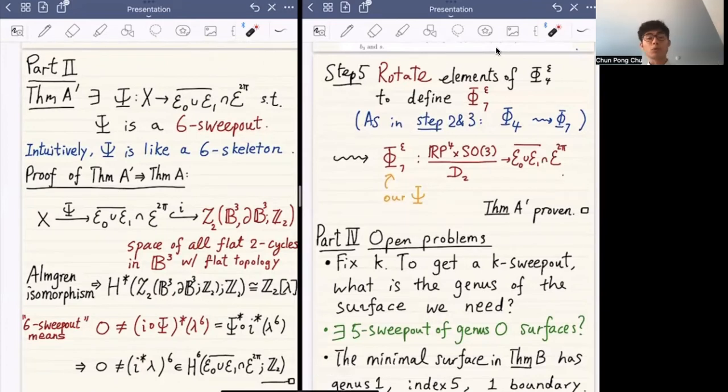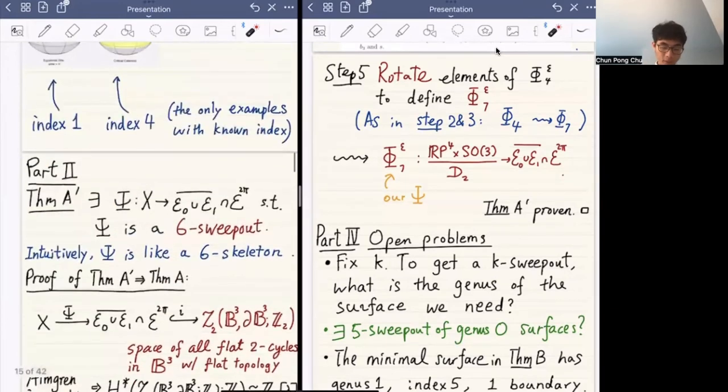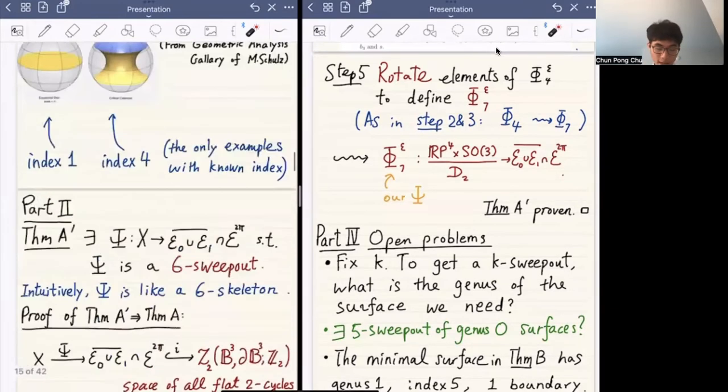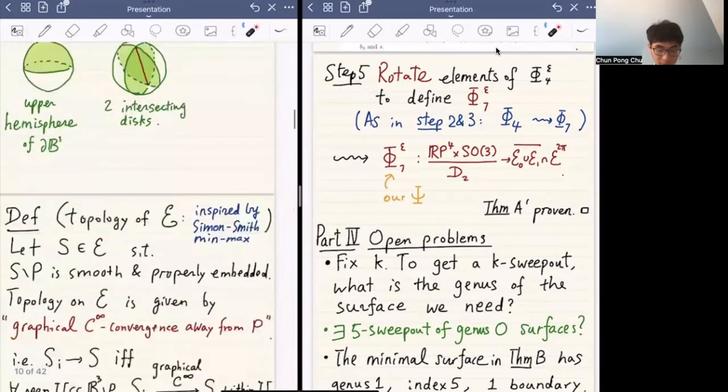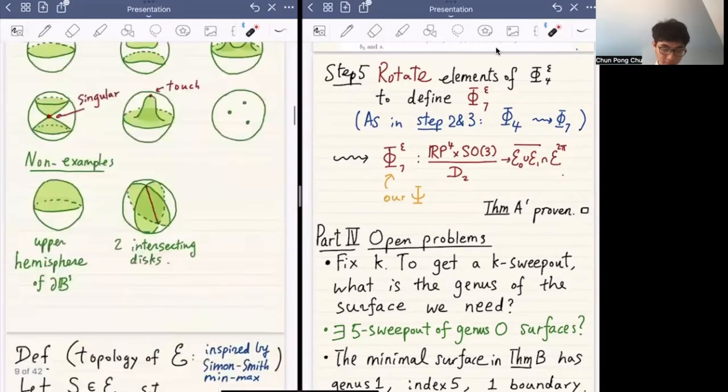And we also have to check that it is a 6 speed bump. This is in fact a quite lengthy but elementary computation in algebraic topology. One can show that phi 4, where's phi 4?